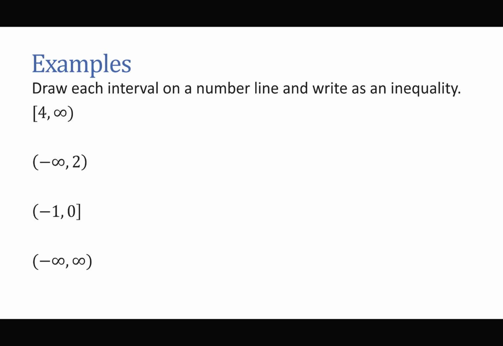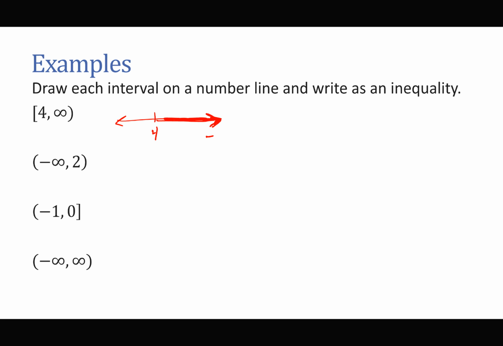Okay, for practice now, let's go from interval notation to write it on a number line and then as an inequality. So +4 all the way to infinity. All right, I know I'm going to be here at 4 and I'm shading to the right.